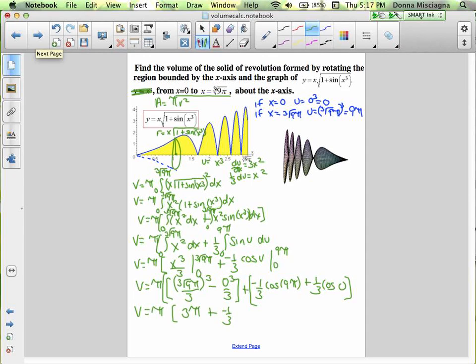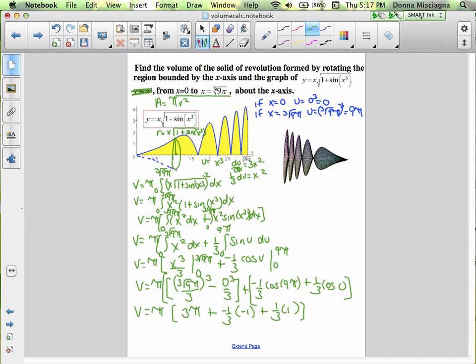So you go around the circle 4 times, and you end up at pi, and cosine is negative 1 there. So this is all looking pretty good now. And then we have plus 1/3 cosine 0, which is going to be 1. So 1/3 times 1. Now let's just clean this up.